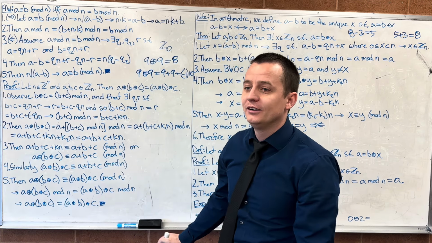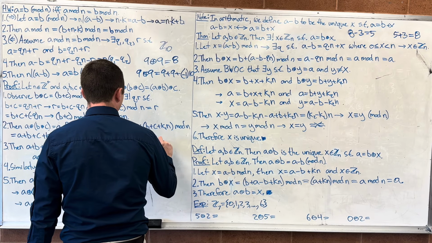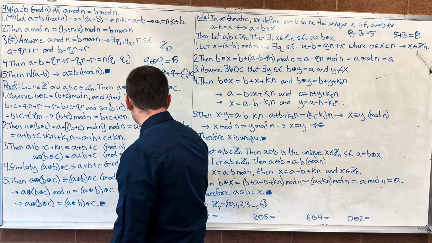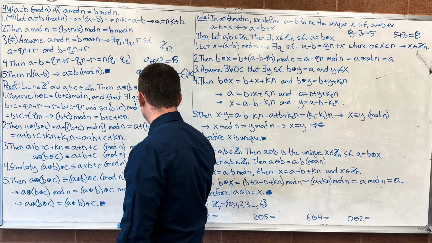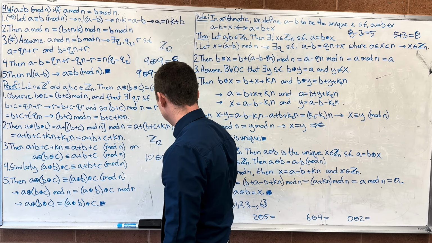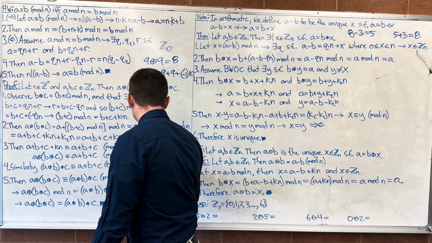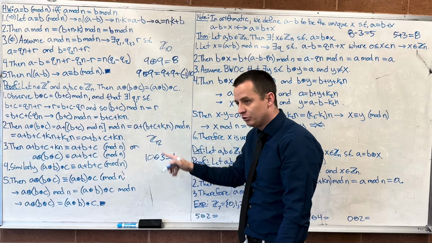So if we were in Z sub 12, 1 minus 3 we would expect to be equal to 10 in Z12.